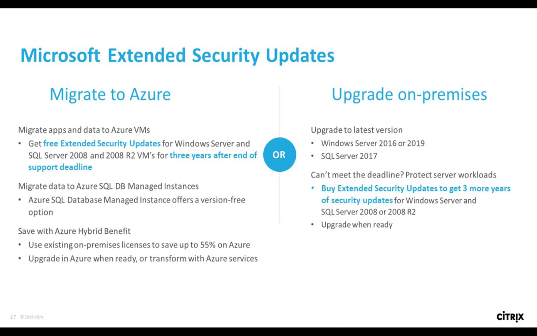The first option is that we can take those 2008 workloads and we can migrate them into Azure. And once they're in Azure, they will receive free extended security updates, which gives a customer another 3 years to think about the modernization of the workload on that application, or to think about the modernization to another server operating system.